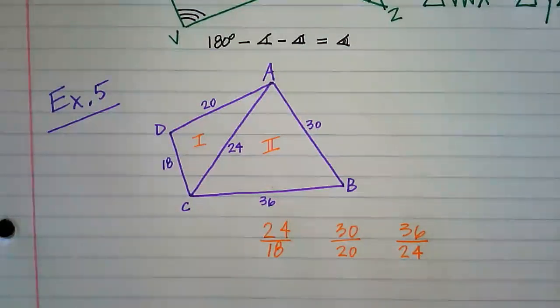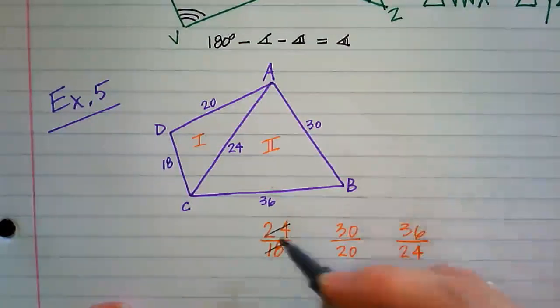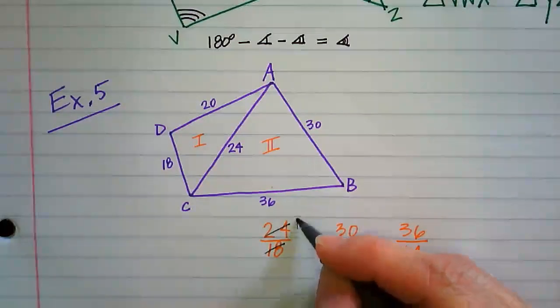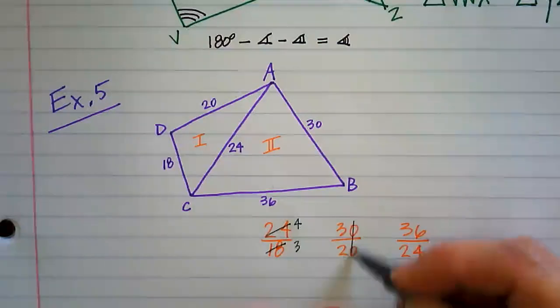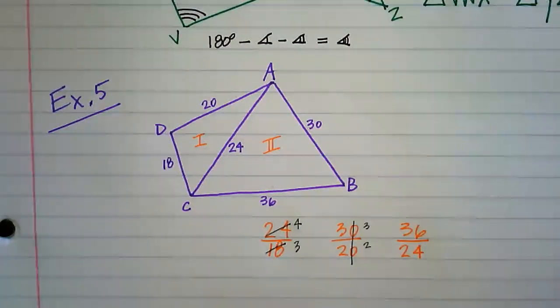All right, so now what we want to do is go through and reduce all of these guys. So let's see. If we start here, we can reduce both of those by 6, which would make this 4 over 3. Right here, we can cancel that out, which makes this 3 over 2.